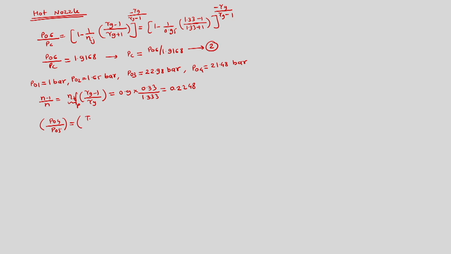The high pressure turbine pressure ratio is equal to T04 divided by T05 bracket raised to n upon n minus 1. We know T04 is 1500, T05 is 1096.2, bracket raised to 1 upon 0.2248, and then this pressure ratio turns out to be 4.035.